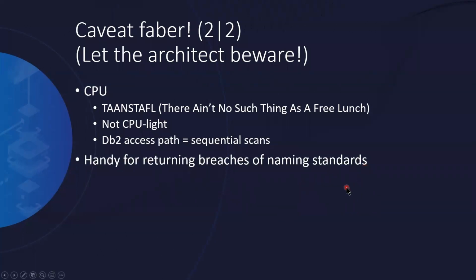So if you're parsing your DDL and you want to make sure that the database name matches your database standards, like D and then a project code and then some numbers, then this is great for making sure that the DDL matches whatever your standards are.